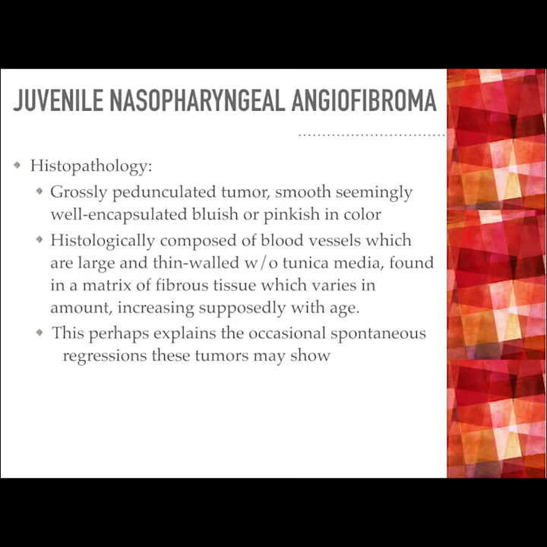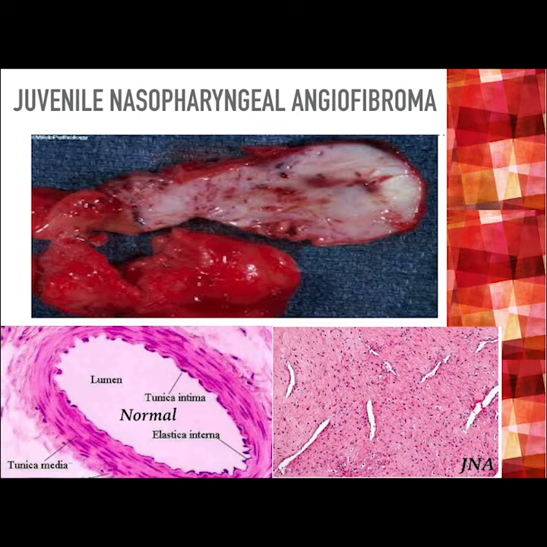Histopath findings are composed of large blood vessels without tunica media. Like in these pictures, the lower left shows normal blood vessels, while on the right you can clearly appreciate the absence of smooth muscle layer, thus its inability to vasoconstrict.